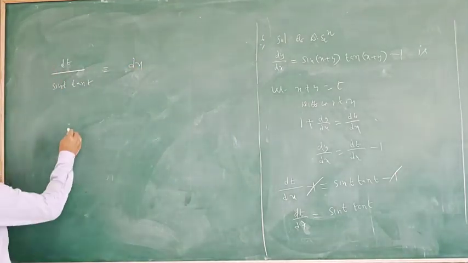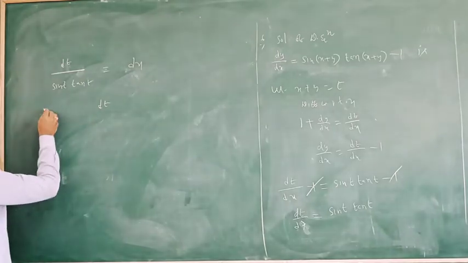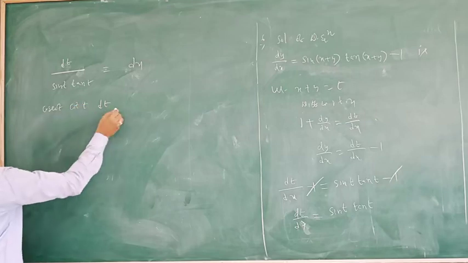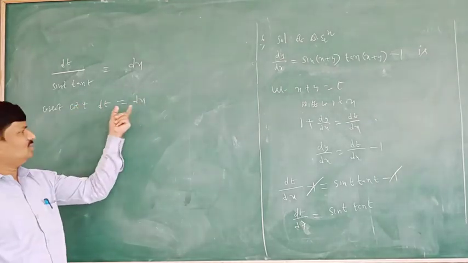Writing it again: 1 by sin t means cosecant t, and 1 by tan t means cot t, so cosecant t cot t dt is equal to dx. It simplifies. The t terms are with dt, and dx is separate.